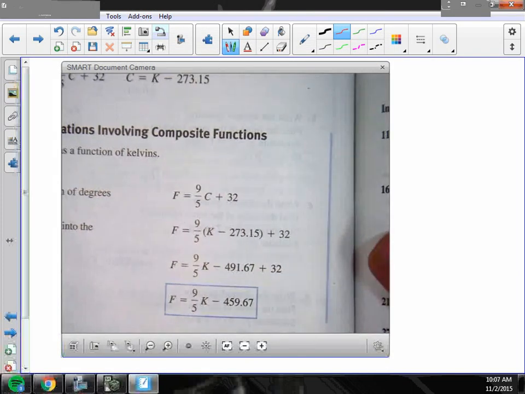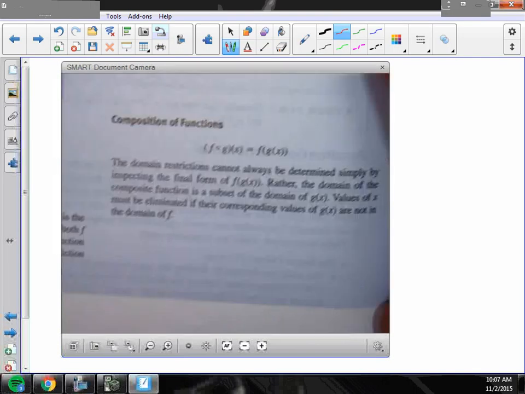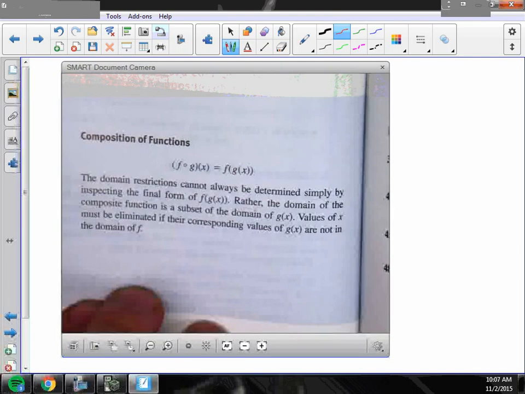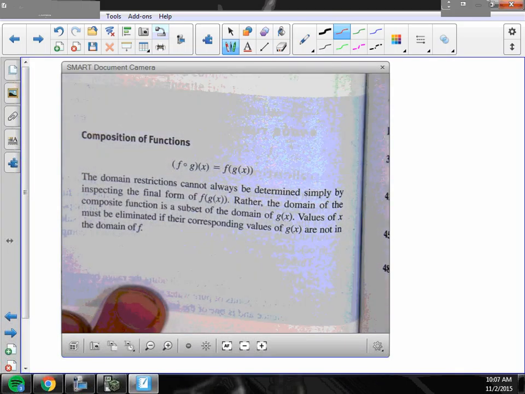So if you look on page 202, talking about composition of functions, the domain restrictions cannot always be determined simply by inspecting the final form of f of g of x. So you can't necessarily look at the end and find the domain. We did that with that hole that was plugged.